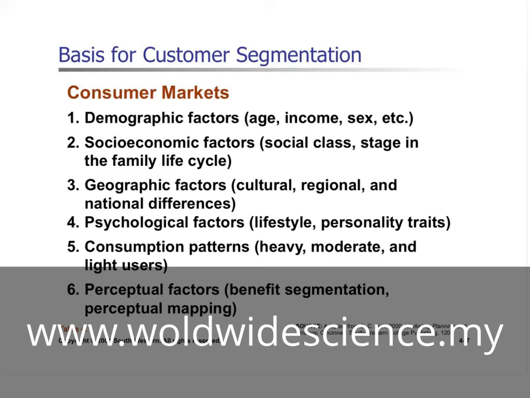And then we go to the next one, which is consumption patterns, where it's heavy and light users. So you talk to your customers, you know about them, how much they make, and the social, geographical, and psychological aspects already. But you want to know how much they're using your products, to what level, whether it's a heavy usage, a moderate, or a very light usage.